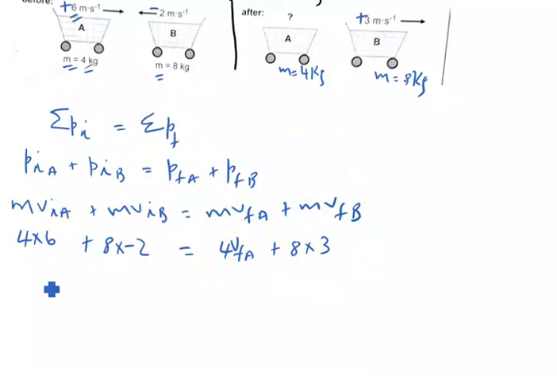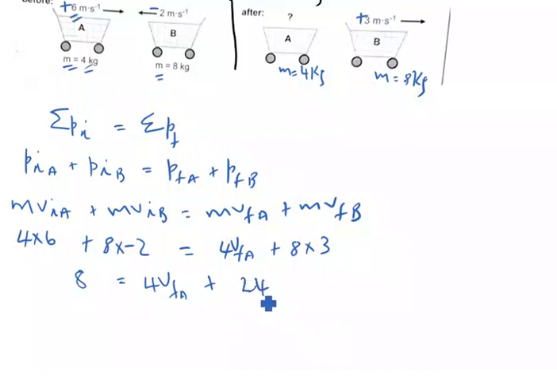so the answer here is 8. If you press calculator here and here, you get 8, which is equal to, so that is 4v final plus this one supposed to be 24.